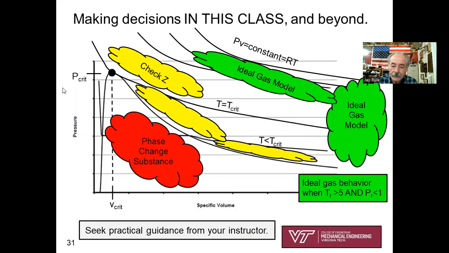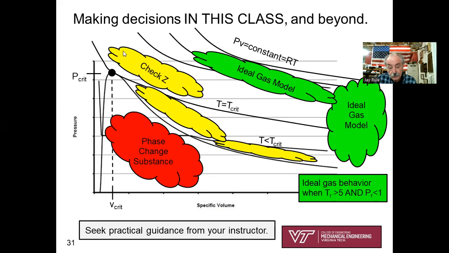So let's look at our PV diagram again. And you say, whoa, I've got red and I got green and I got yellow. I've tried to color code for you examples of when you can pinpoint your state. How would I model my substance? Well, anything under the dome is red. Phase change substance, definitely not ideal gas.